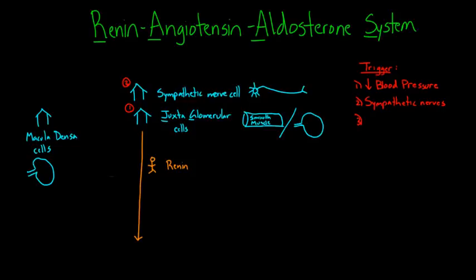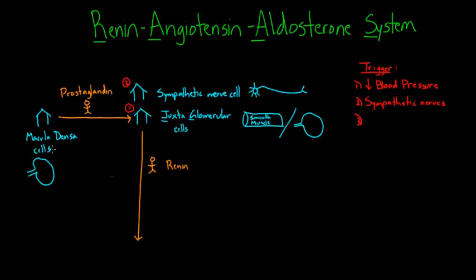They put 2 and 2 together, and realize that the reason there's not a lot of salt is that blood pressure is low. So when they don't sense much salt, they say, hey, JG cells, wake up, do something about this, raise blood pressure for us.